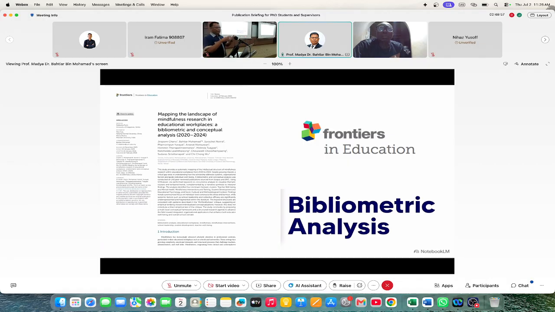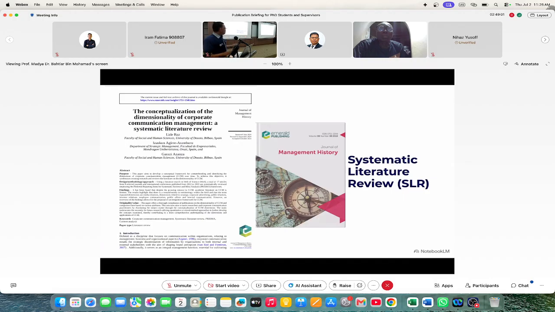You can read that. We will share all this with you, then you can check it on the internet. This one is a bibliometric paper. This one is an SLR. This is not my paper, but I reviewed this paper, and I see that it is a very nice paper to follow for the process of SLR. This paper: The Conceptualization of the Dimensionality of Corporate Communication Management: A Systematic Literature Review.